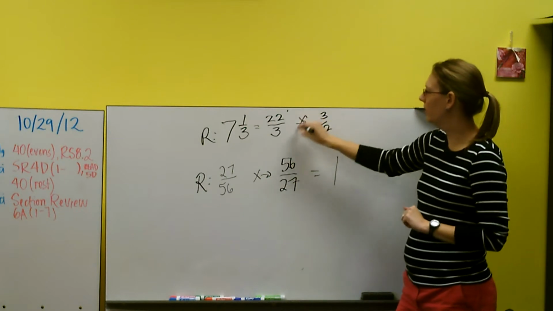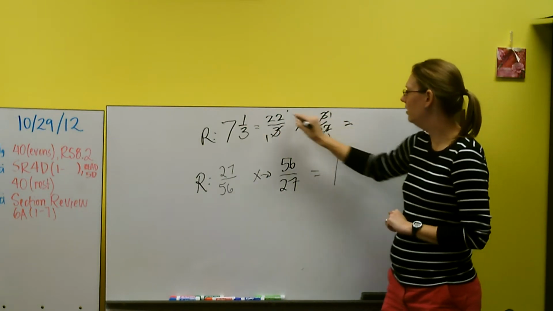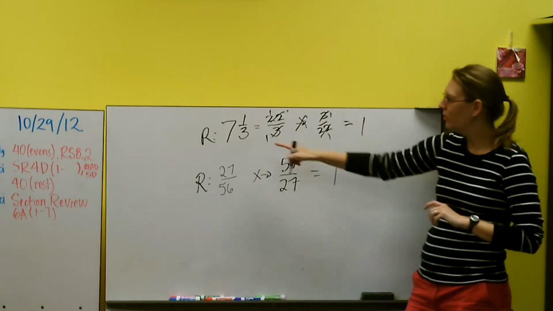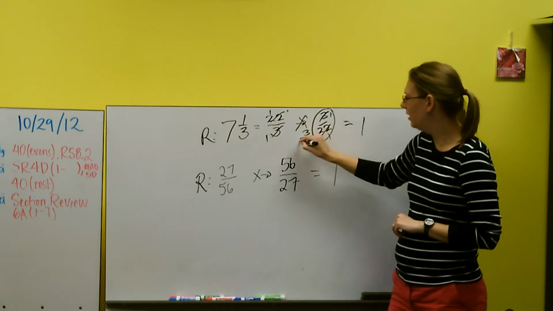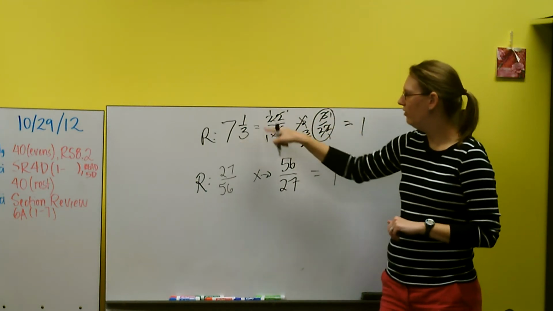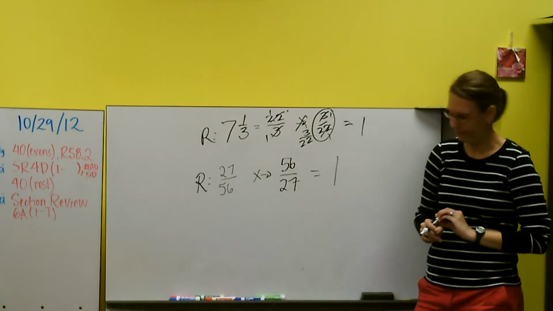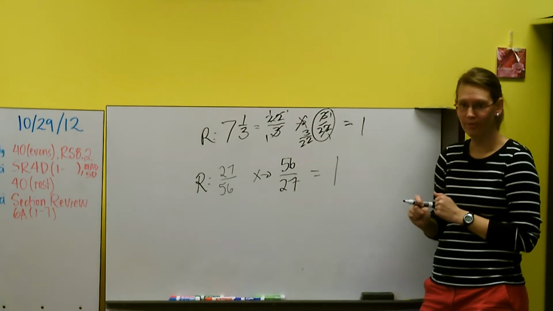And still, if we were to multiply those together, 3's cancel, 22's cancel, we get 1. So the reciprocal of a mixed number, 7 1/3, is going to look a little different than the number itself if you change it into the improper fraction first. Good question. Beautiful. Anything else? Any other questions? No? Okay.